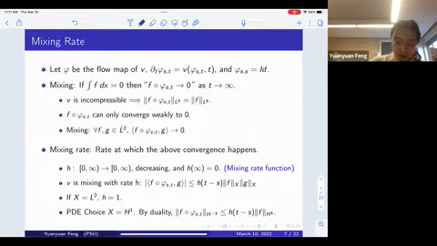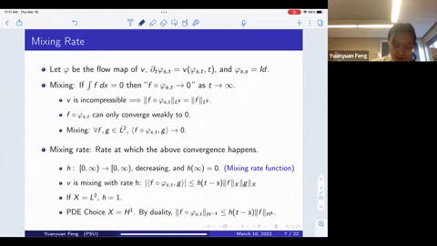So F composed with phi can only converge weakly to 0. So mixing actually means that for any F and G in L2 with mean 0, the correlation of F composed with phi and G goes to 0, right?